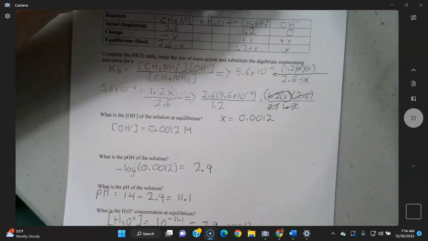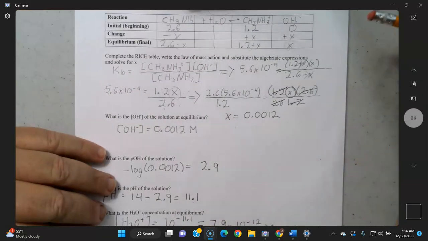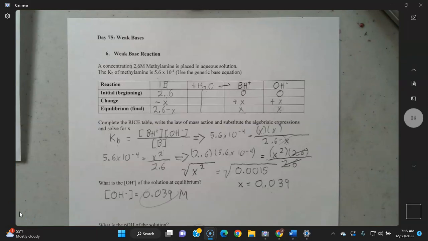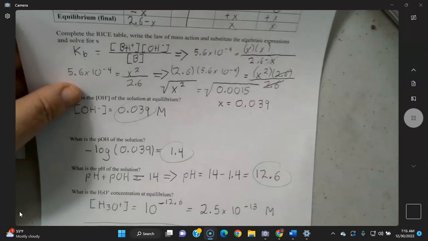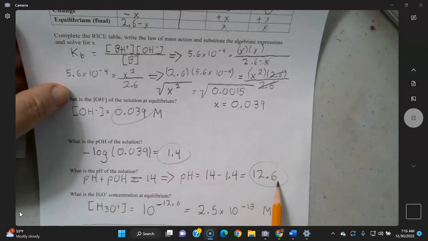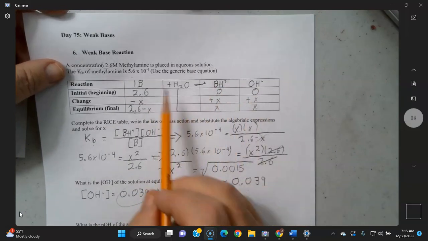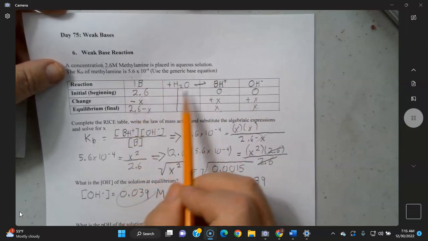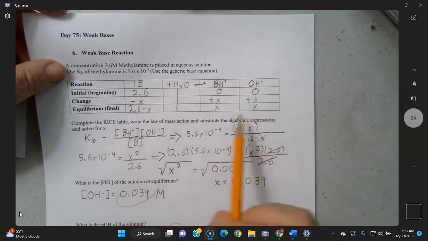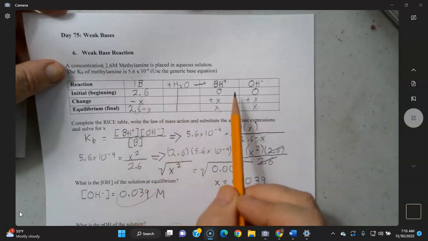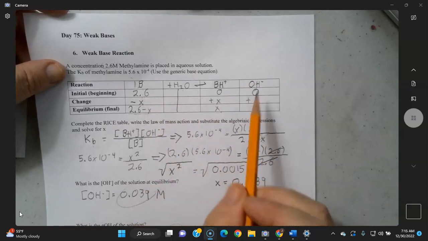So again, what's going on here? In problem 6, we ended up with a pH of 12.6. That's way up in the base range. Why? Because without any common ion, the reaction was free to move from reactants over to products, so it was free to create more OH minus, create more bases.